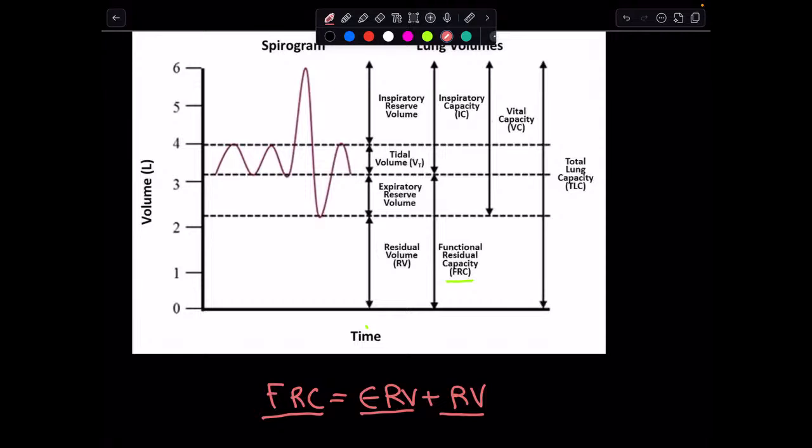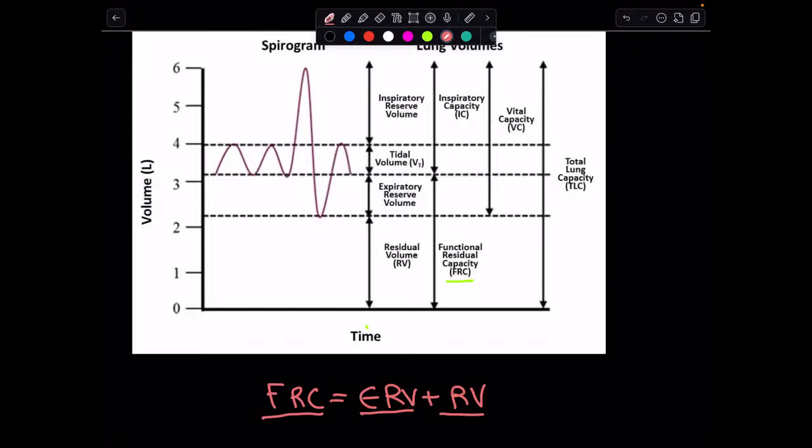So the functional residual capacity. Okay, so why is that name representative of what's actually going on? Like, I understand what's going on, but if you told me that these names were all switched around, I would believe you. The name reflects its role.